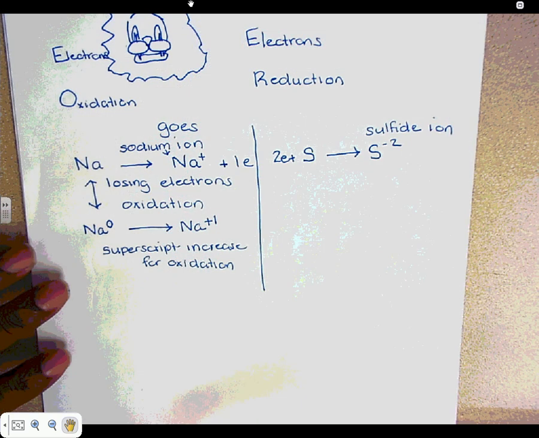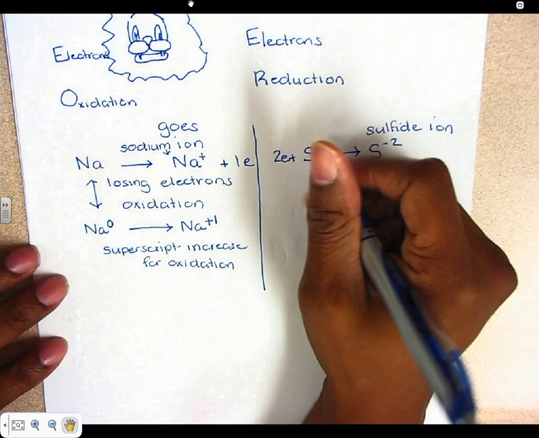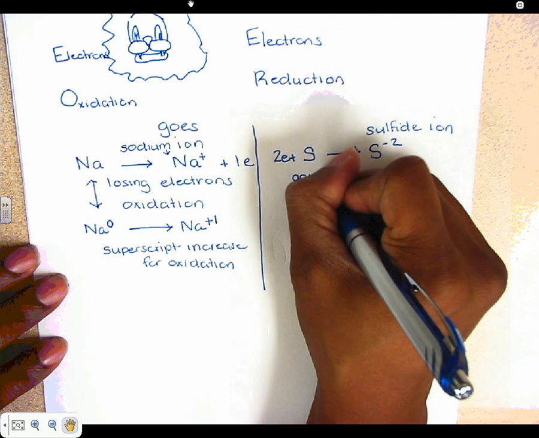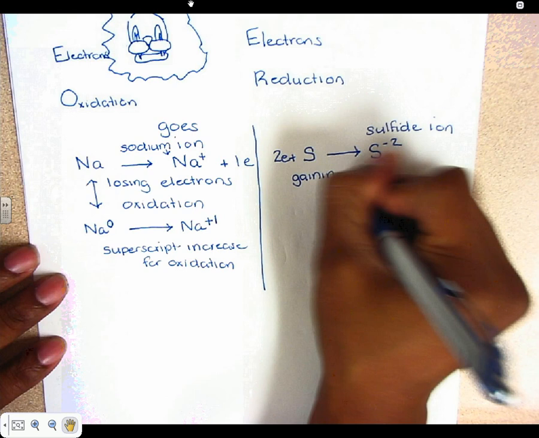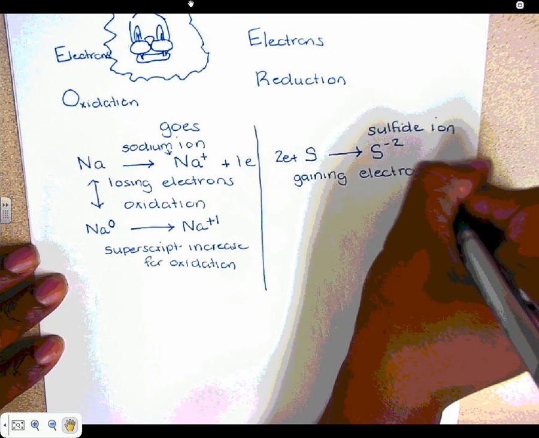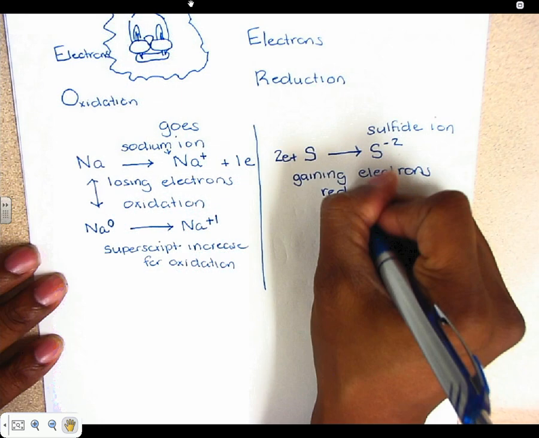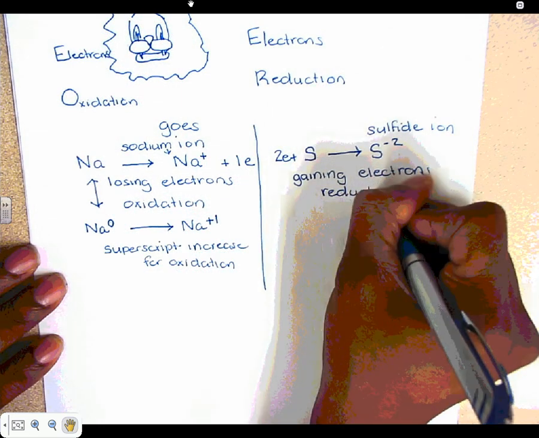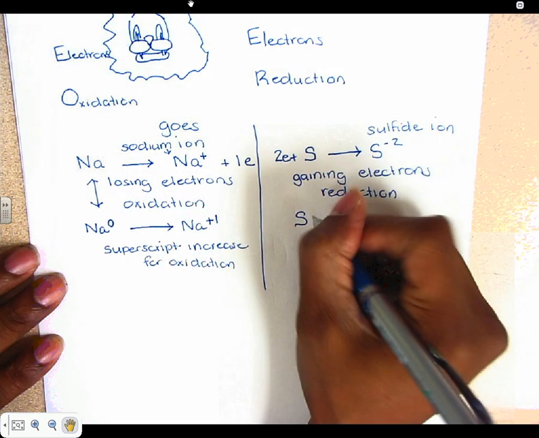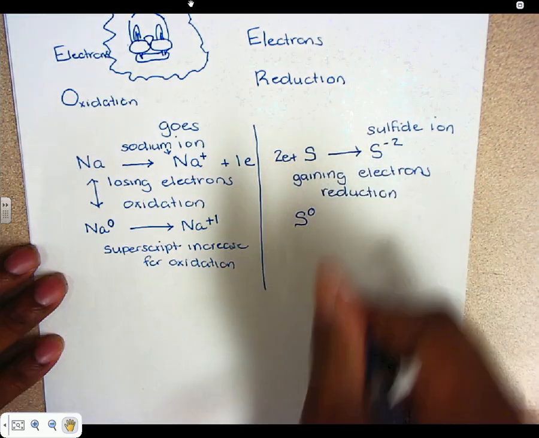So now that we have the names for that, we can also describe what's happening. This is gaining electrons. Therefore, it is reduction, as I mentioned. And let's look at S before and after. This is understood to be a neutral version of S. That's 0.